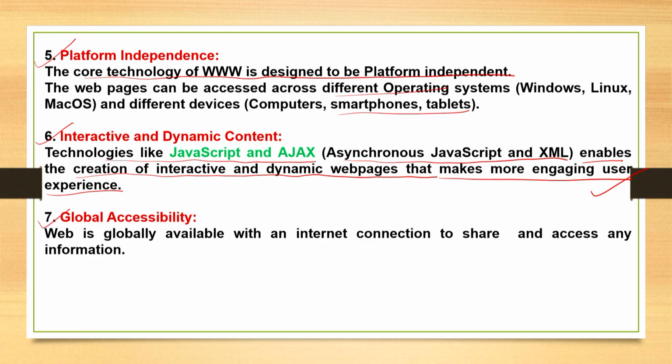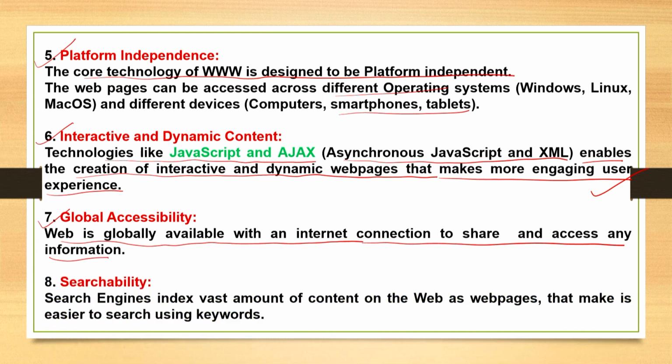Another feature is global accessibility, that is, the web is globally available with an internet connection to share and access any information. And lastly, searchability. Searchability means what? The search engines index the huge amount of content on the web as web pages, which makes it easier to search using keywords.